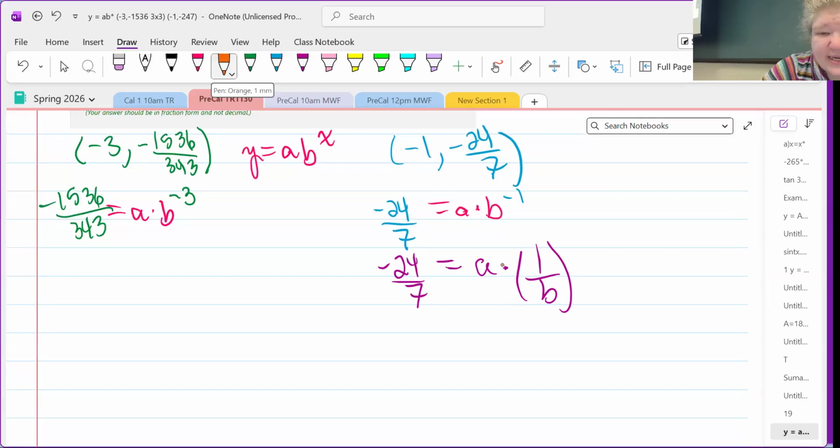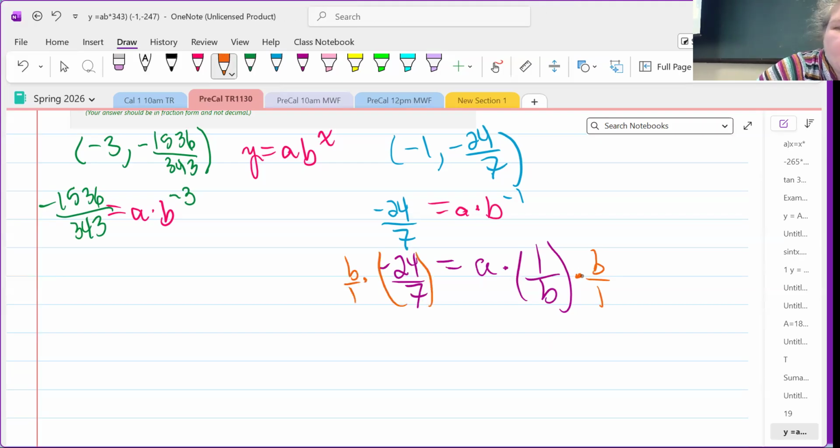Since it's a times 1 over b, I can divide by 1 over b, but dividing by a fraction is the same as multiplying by the reciprocal. So I can multiply by b over 1 on both sides. So this will leave me with a by itself is -24b over 7.